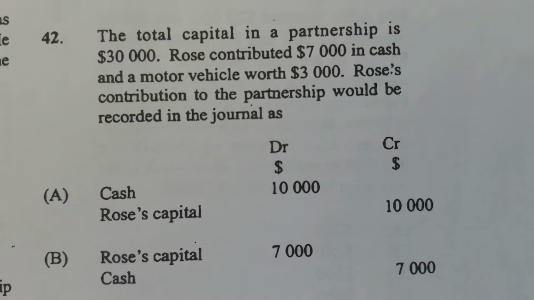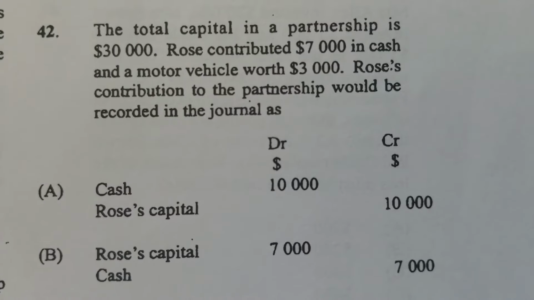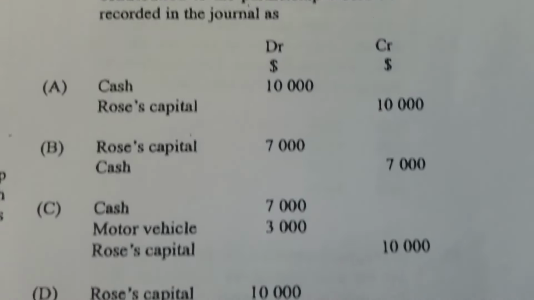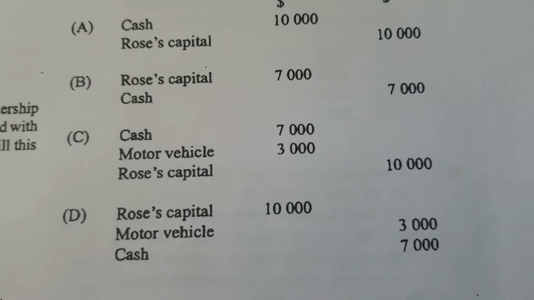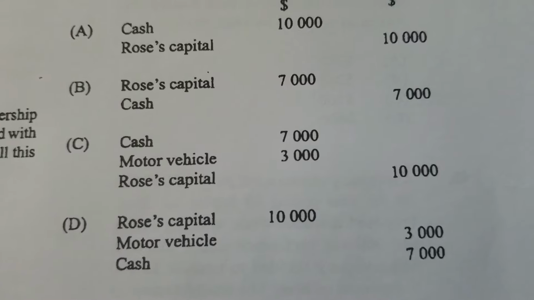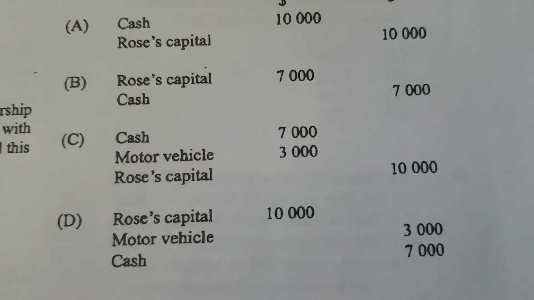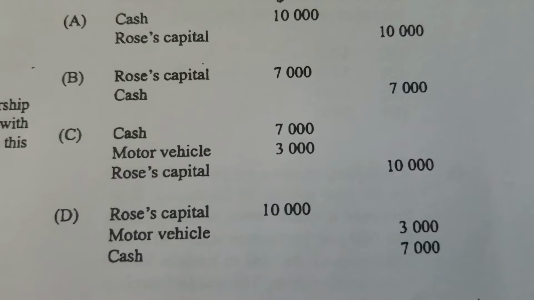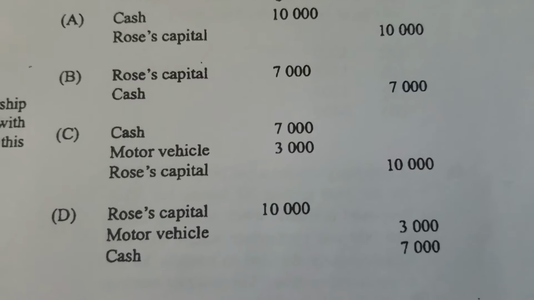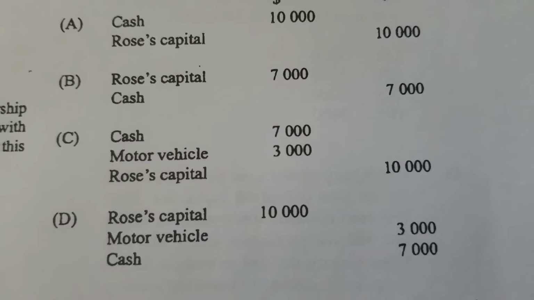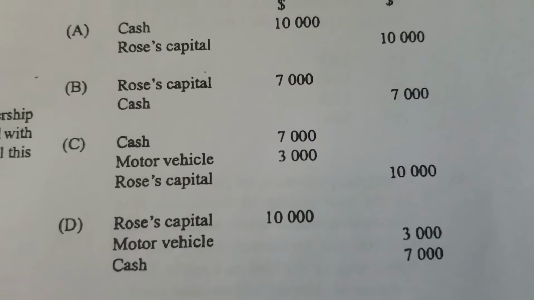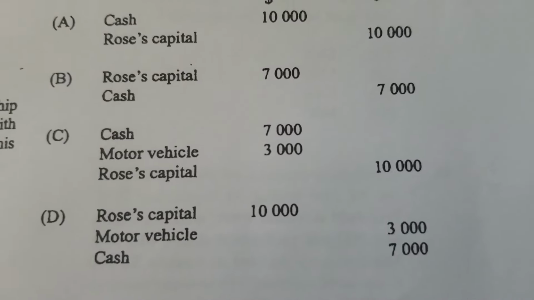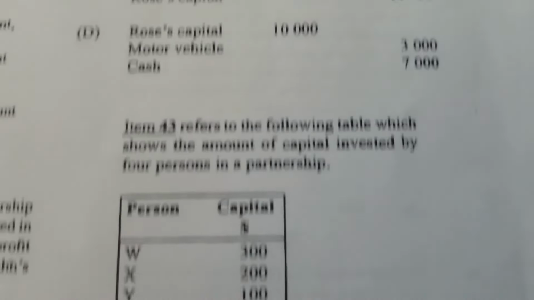Rose's contribution to the partnership would be recorded in the journal as, and we go to C. Yes, look at C. What is he bringing to the partnership? $7,000 cash. So the business is receiving $7,000 cash and a motor vehicle valuing $3,000. And that represents his capital, Rose's capital. So C is the most appropriate answer. Let's go now to question 43.